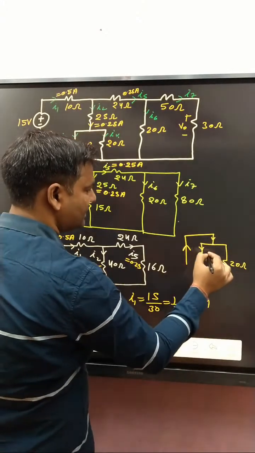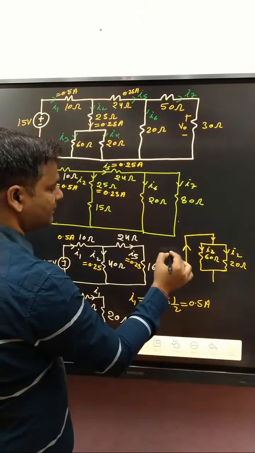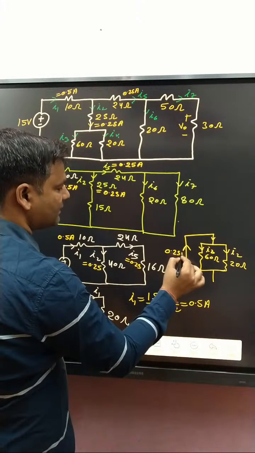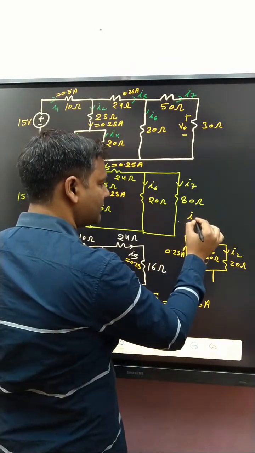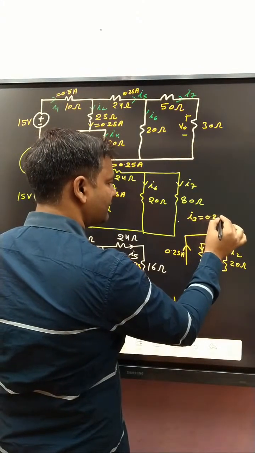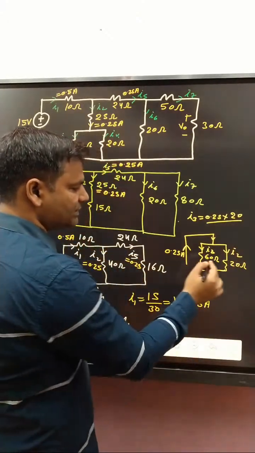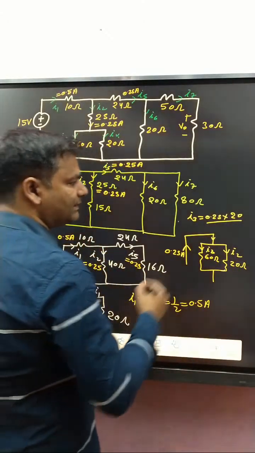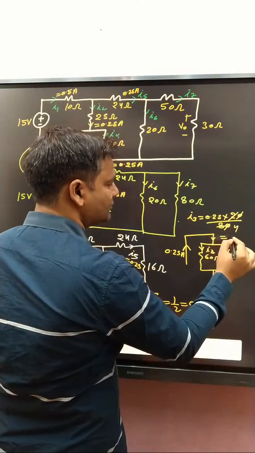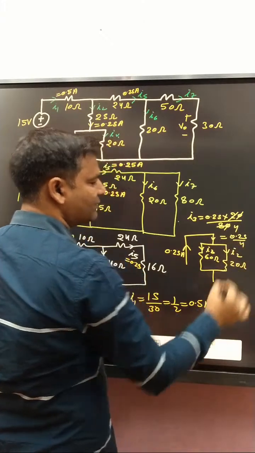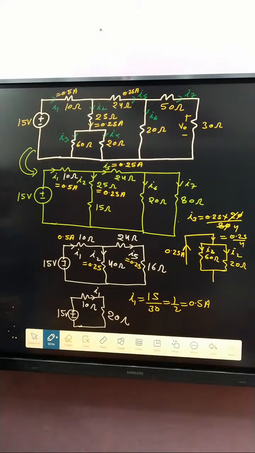Our target is to determine I3 and I2, and here 0.25 ampere. So what about I3? I3 is simply written 0.25 into 20 divided by, with the help of the current division rule, the sum of these two, that is 80. So 4, 0.25 divided by 4. Clear? So 0.25 divided by 4 is how much?